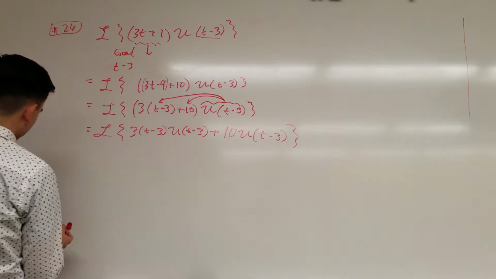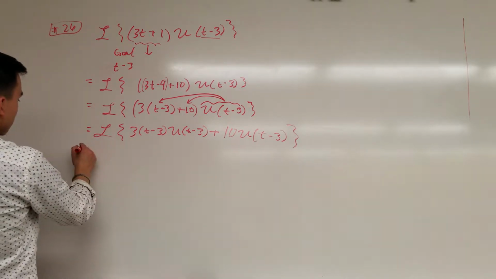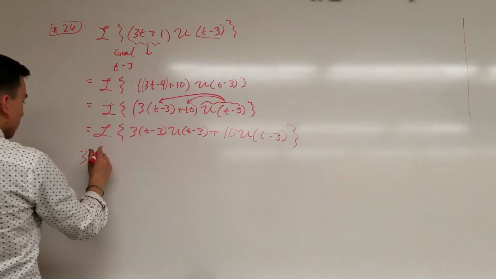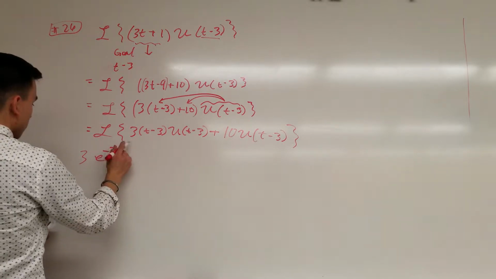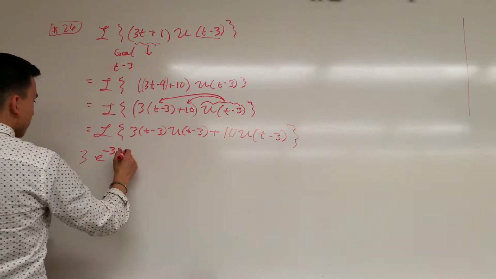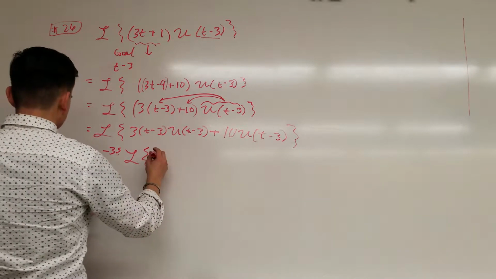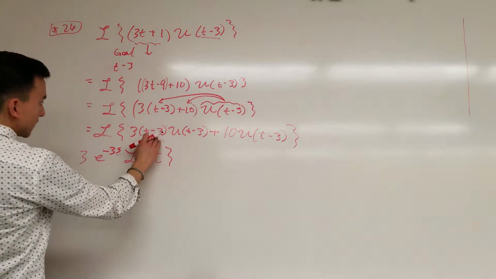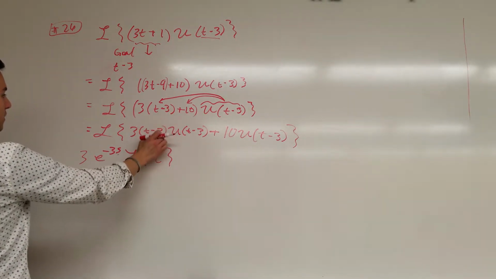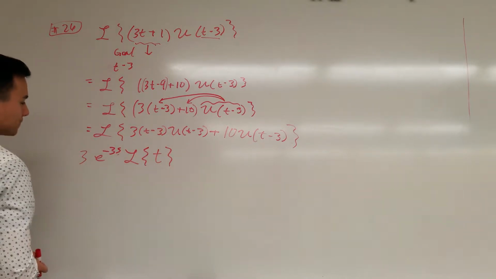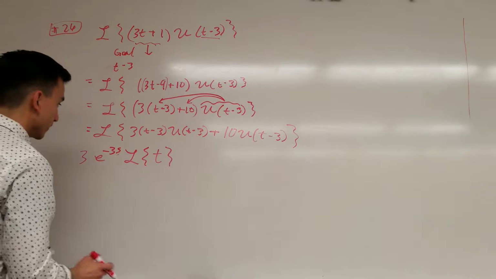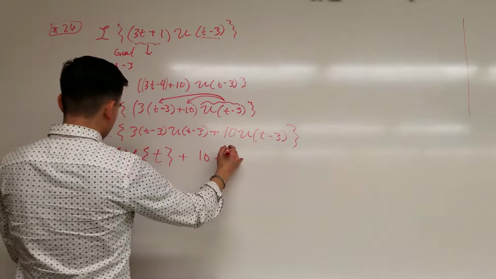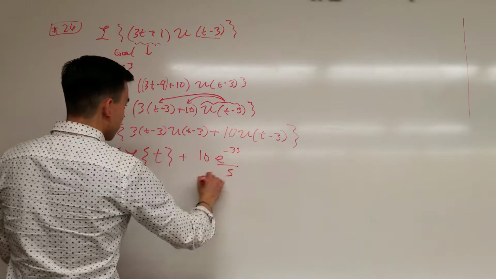Okay. So what I'm going to do is take out that 3, right? I'm going to have also an e to the negative 3s times the Laplace of the function f of t. So it's only t because I've already taken out this negative 3 here, right? So I'm just left with the t that I have to deal with now, plus 10e to the negative 3s over s.